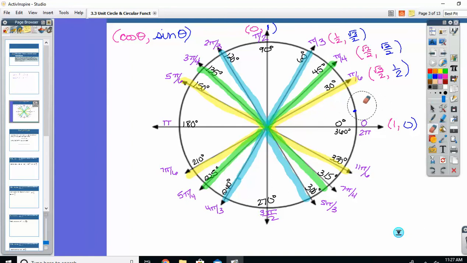Okay, let's go to the second quadrant. So, some questions for you. When we are in the second quadrant, what do we use for this ordered pair? Negative 1, 0. Okay, if you start at 0, 0, you go back 1, so your x is negative 1. You don't move up or down at all, so that's 0.